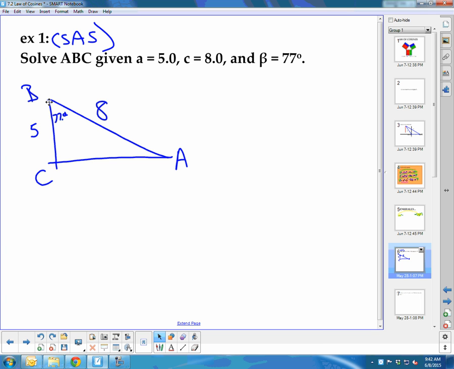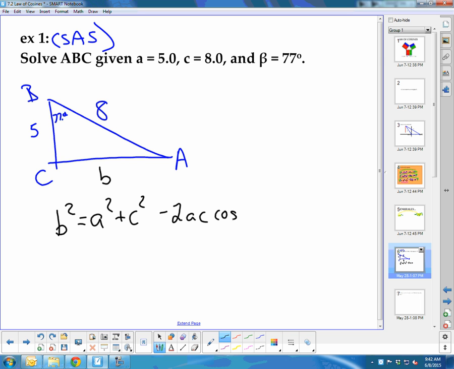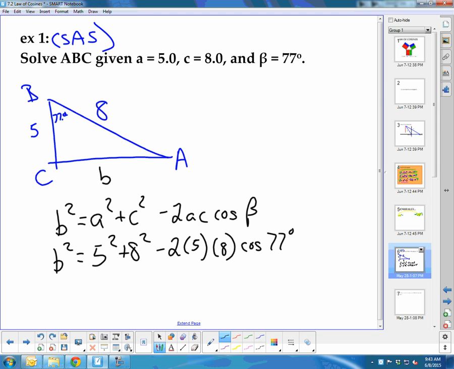For this particular case, according to the formula, since I have two sides and the included angle, I'm missing a side. So I'm going to use the version of the formula that will help me find side b: b squared equals a squared plus c squared minus 2ac cosine beta. So b squared is going to equal 5 squared plus 8 squared minus 2 times 5 times 8 times cosine of 77 degrees.